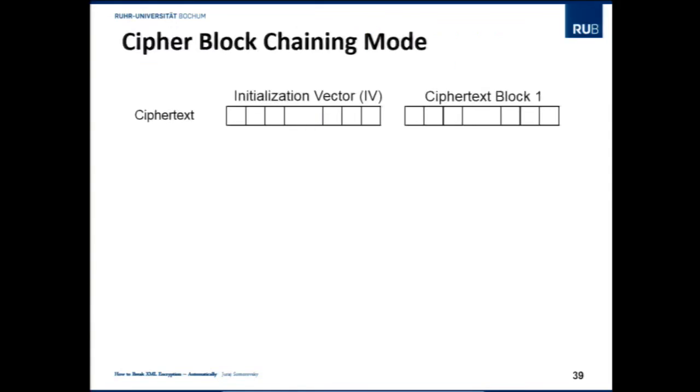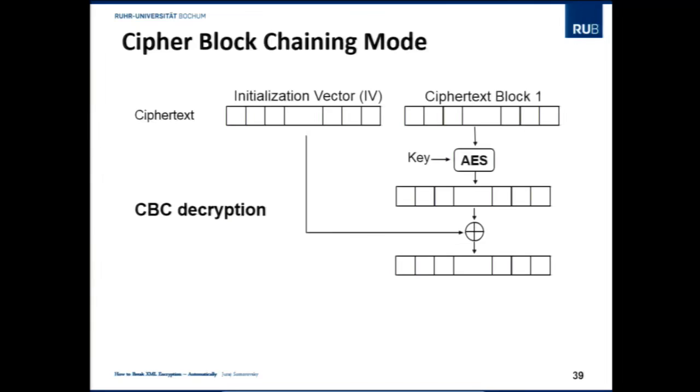Why is bit flipping possible? Because of the CBC mode of operation. CBC mode allows you to flip bits. For example, you have an initialization vector and a ciphertext block, and if you want to decrypt it, the ciphertext block goes to the AES operation function, and the initialization vector is XORed to this value.